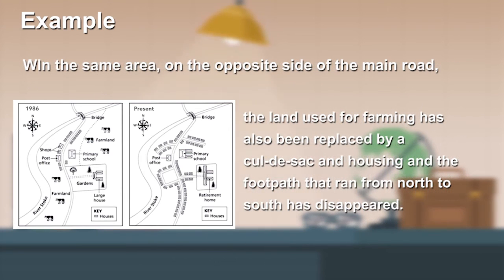In the same area, on the opposite side of the main road, the land used for farming has also been replaced by a cul-de-sac and housing, and the footpath that ran from north to south has disappeared.